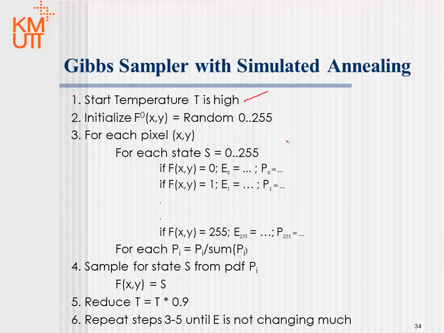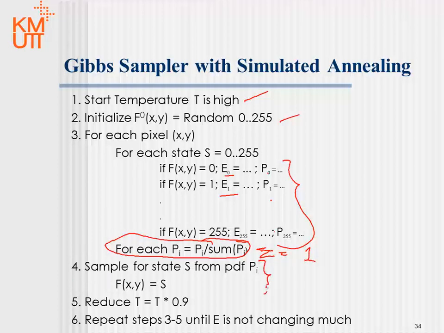We start with a T high, we randomize first, and then we convert each possible state, just like state space, but we convert it into probability, where the sum should be equal to 1. Then we sample, and I already showed you how to sample that. Then we reduce the T, and then we repeat these 3 steps, until the energy gets stable.